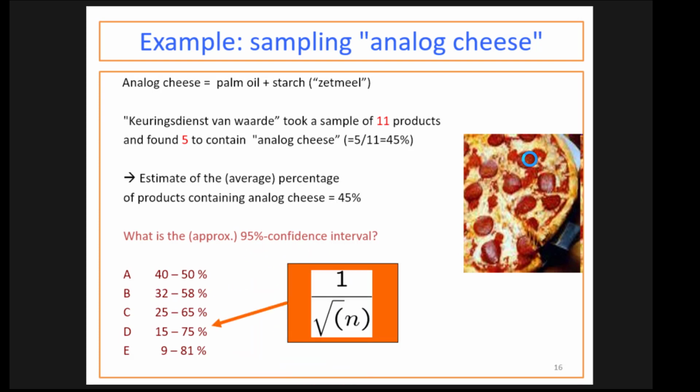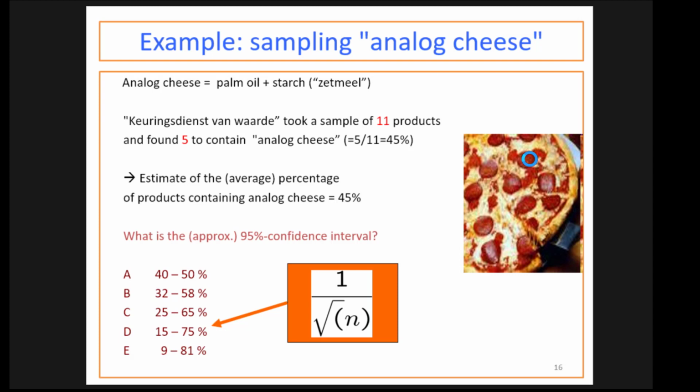The rule is 1 over square root n. That is the distance to the left and to the right from the mean that you should take. So here we have 45%, and the answer is going to be 45 minus a bit to 45 plus a bit. We're trying to figure out how large that bit is, and that bit is 1 over square root n.